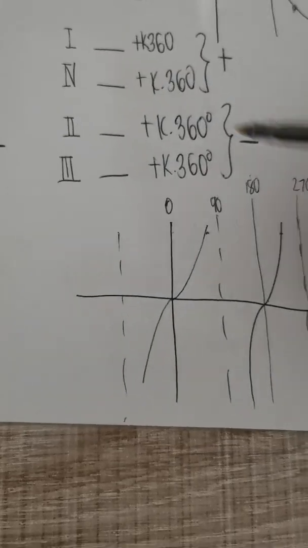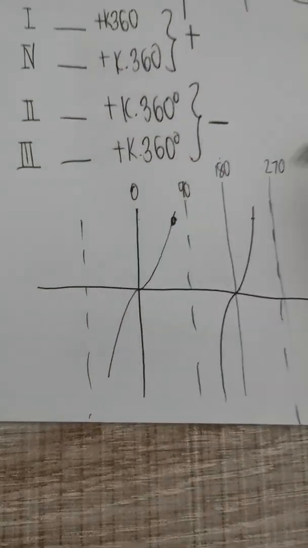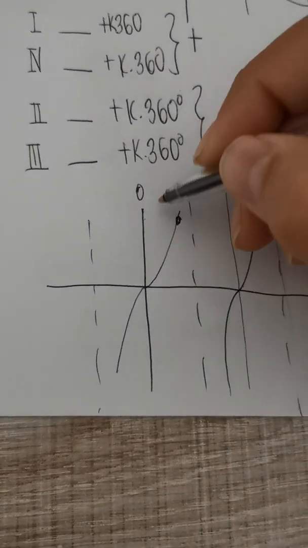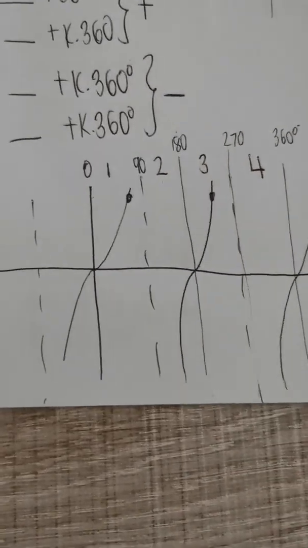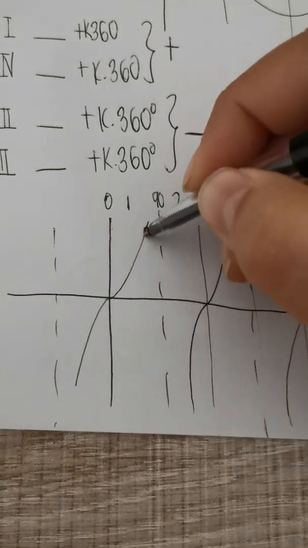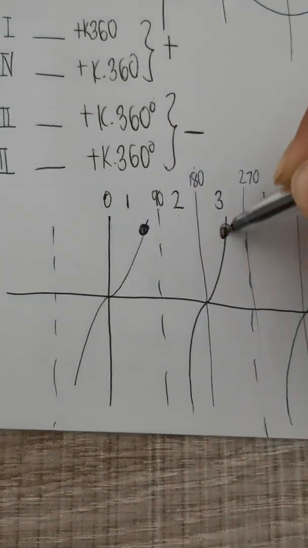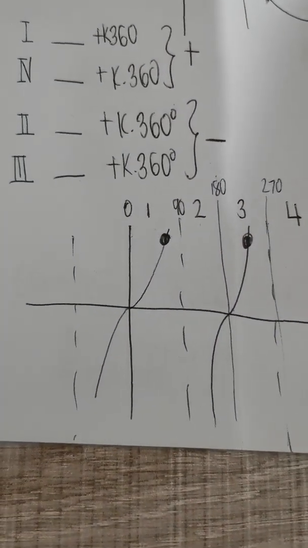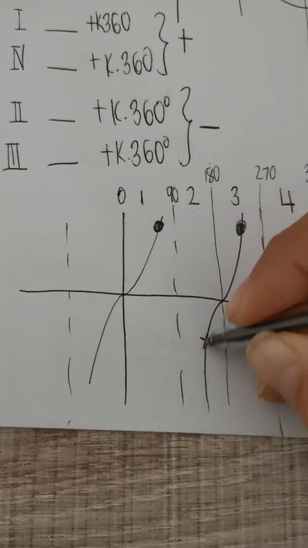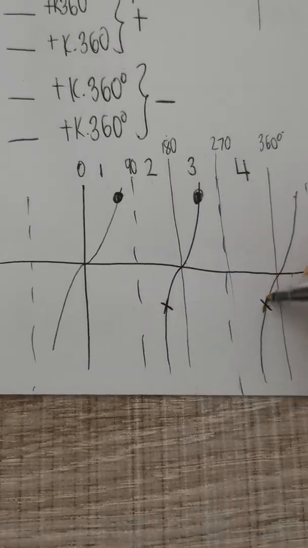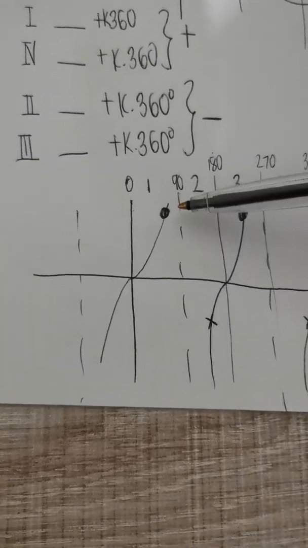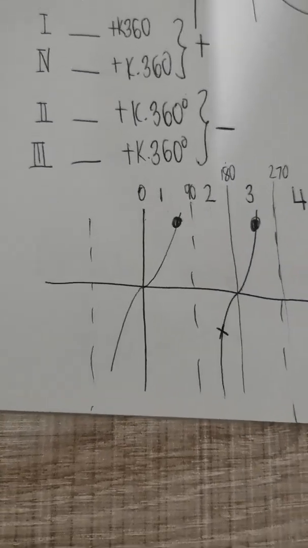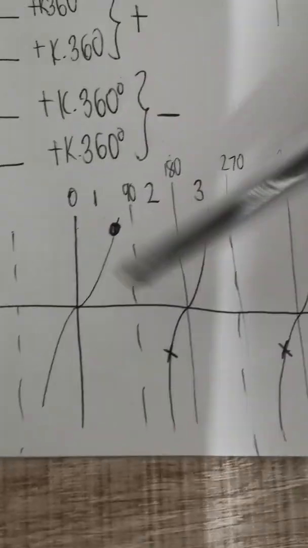Okay, why did I draw this graph again for you? So you can see if we have, this is quadrant 1, 2, 3, 4. If we have a positive solution, it's here in quadrant 1 and in quadrant 3. If I had to have a negative solution, it would be here in quadrant 2 and in quadrant 4. I'm coming to that in a bit.